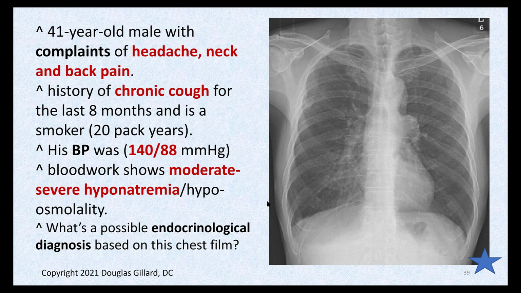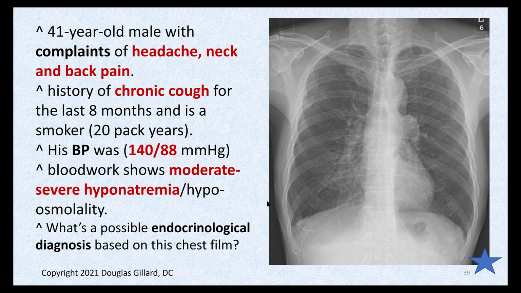Anything over 90 over 140. If you hit 90, if you hit 140, either one of those you have hypertension. The patient's barely got hypertension. But here's the key. His blood work does show a moderate to even severe hyponatremia. So you're thinking, ADH. What's the deal with that? Too much ADH. SIADH maybe.